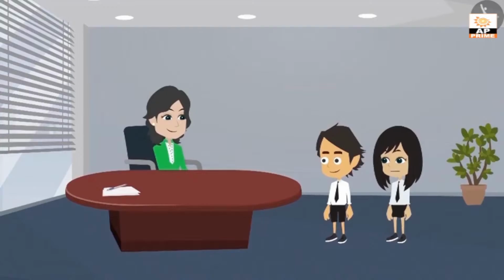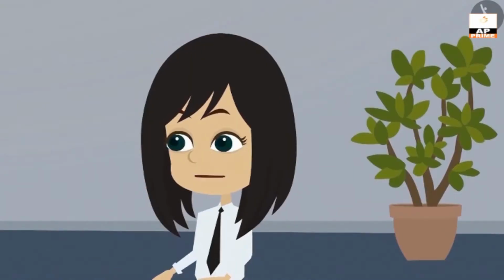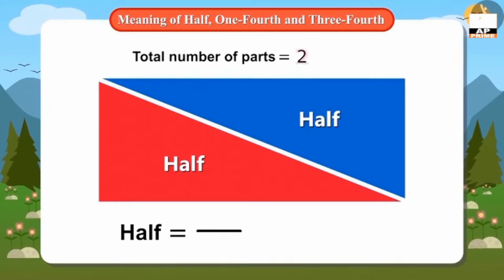Yes, ma'am. But ma'am, how to write it as a number? Very easy. First, we will see how many parts of the whole object are there. There are a total of 2 parts of this entire rectangle. Yes, and we will draw a line to show it and write 2 below it.